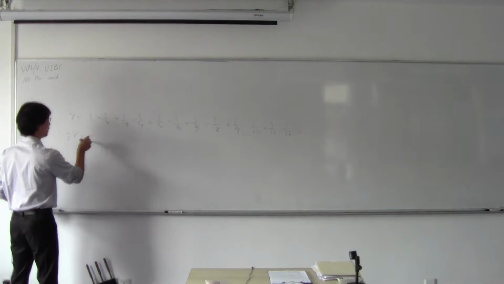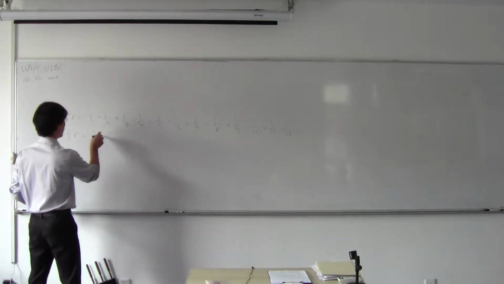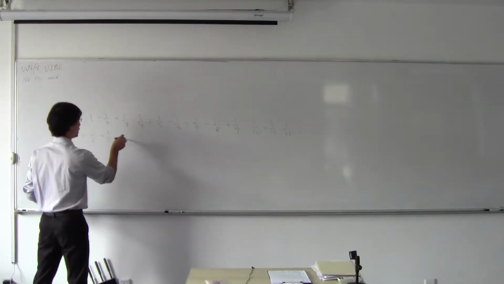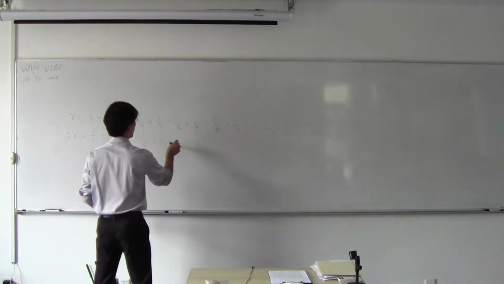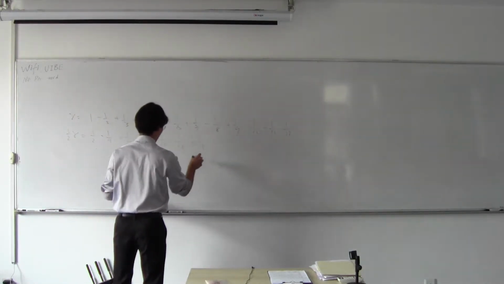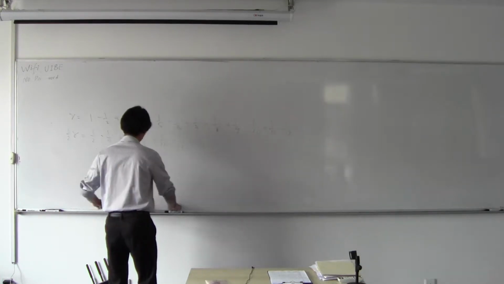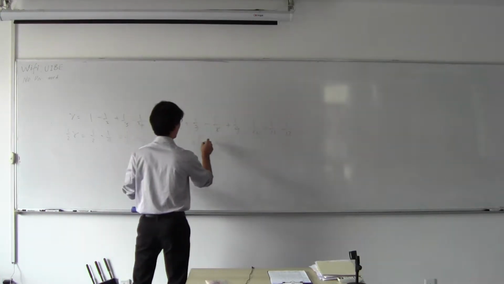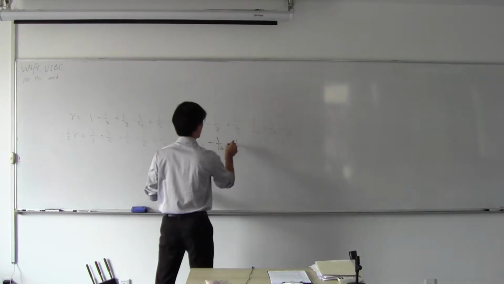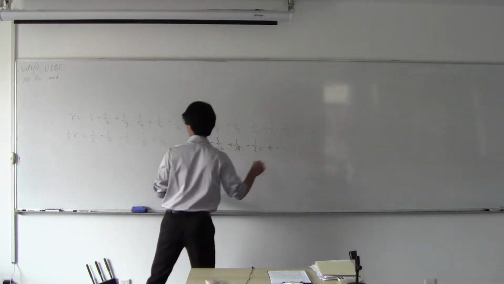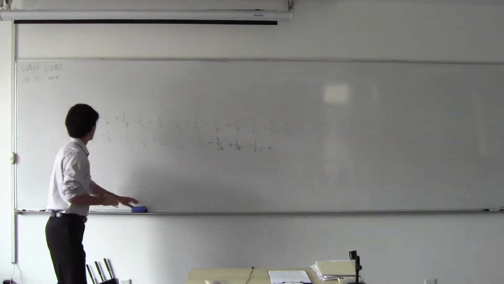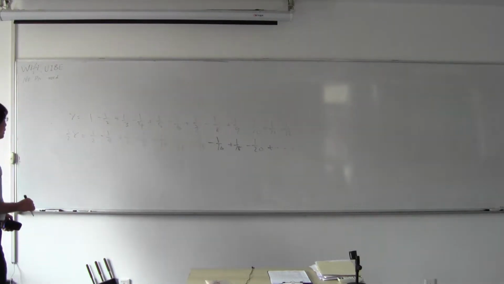I get minus a fourth plus a sixth minus an eighth plus a tenth minus a twelfth plus a fourteenth minus a sixteenth plus an eighteenth minus a twentieth, et cetera, plus minus.